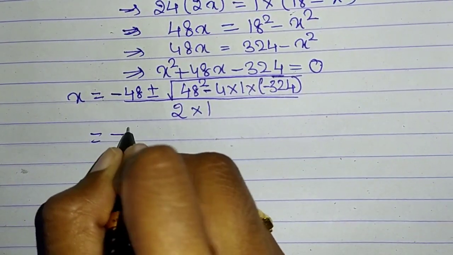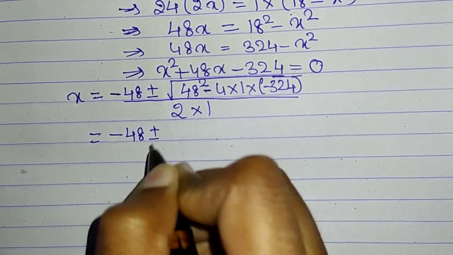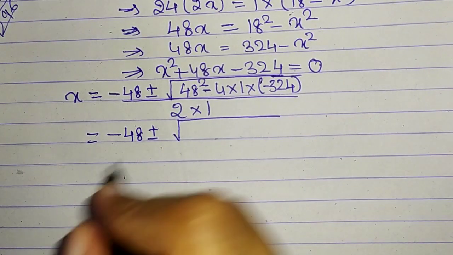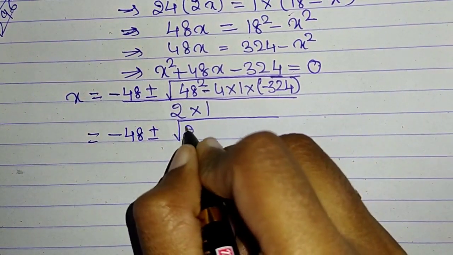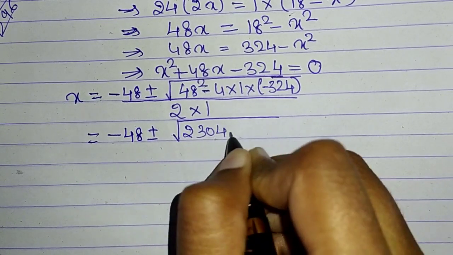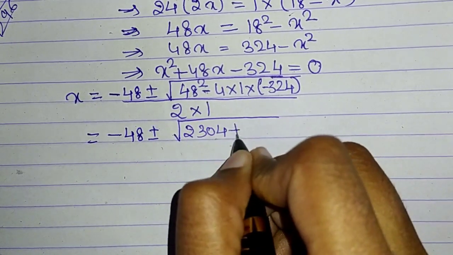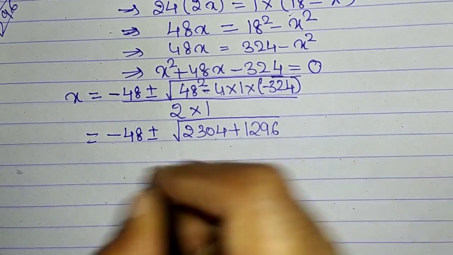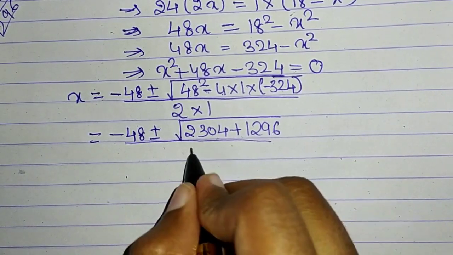So which is equal to minus 48 plus or minus, so now 48 square is 2304, minus into minus plus 4 into 324 is 1296, whole divided by 2.